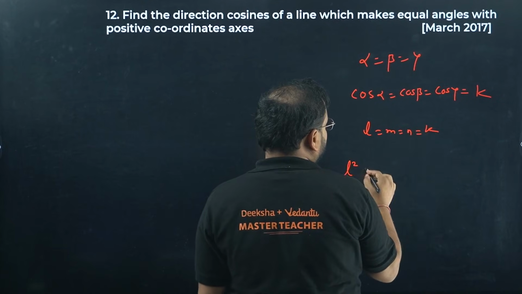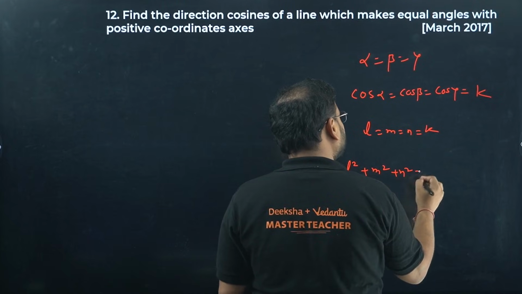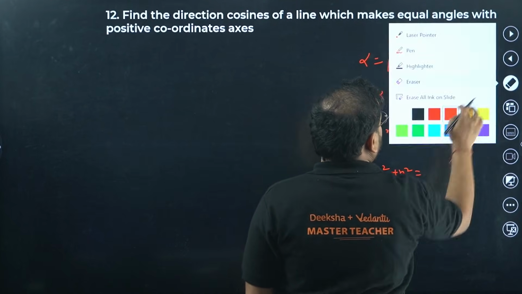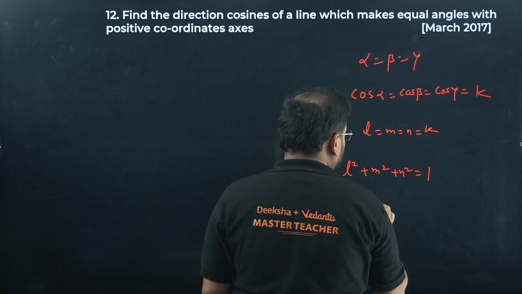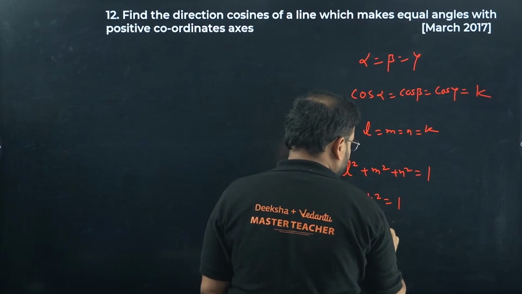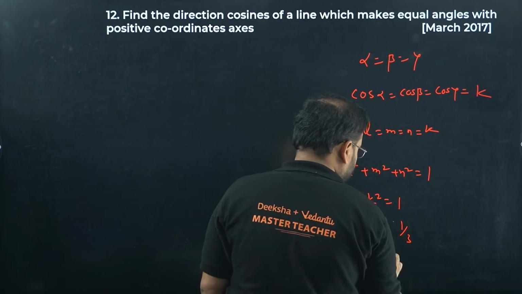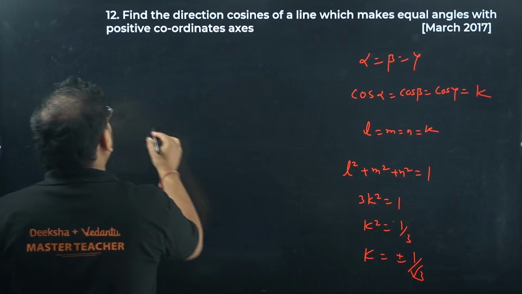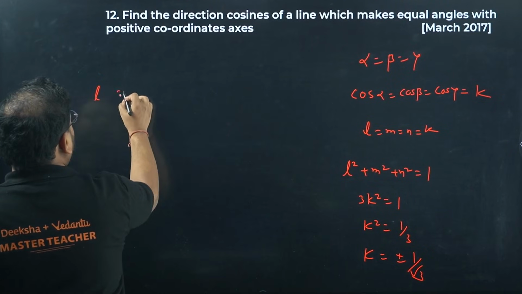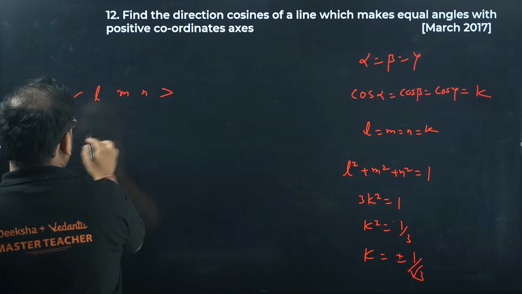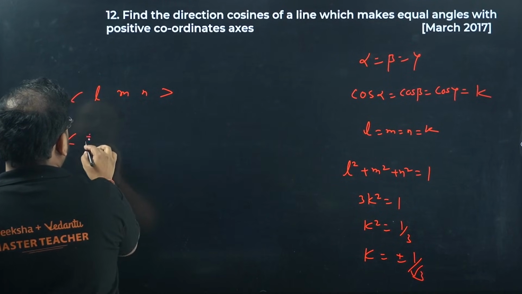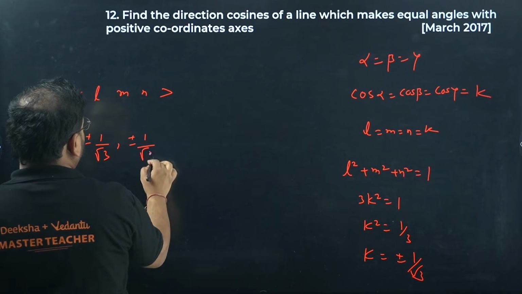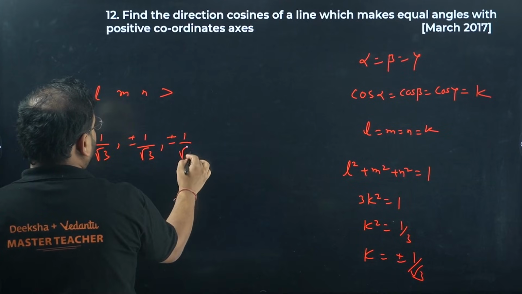The property, if you remember, L square plus M square plus N square equals 1. So I get here 3k square equals 1. It means k square equals 1 by 3. It means k equals plus minus 1 by root 3. So the value of your direction cosines L, M, N will be plus minus 1 by root 3, plus minus 1 by root 3 and plus minus 1 by root 3.